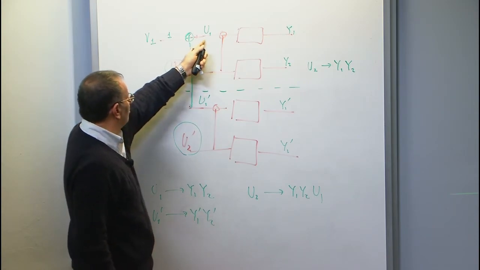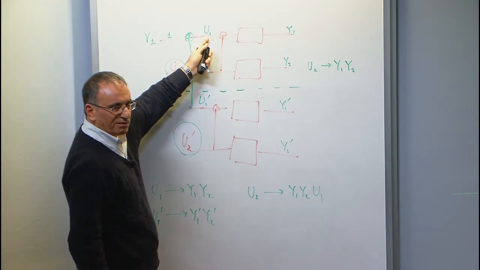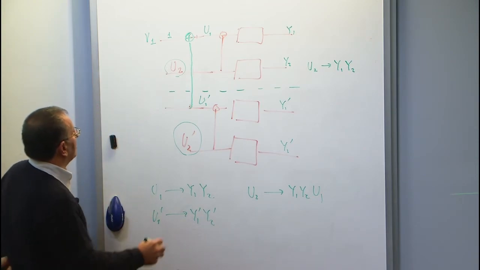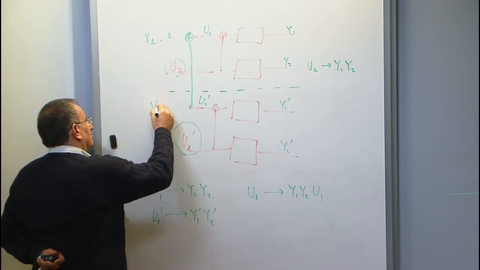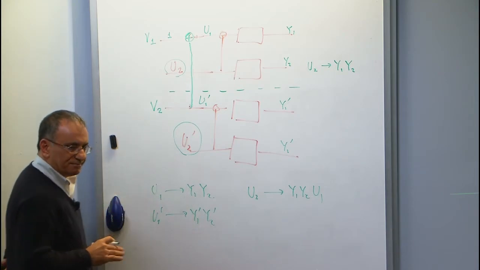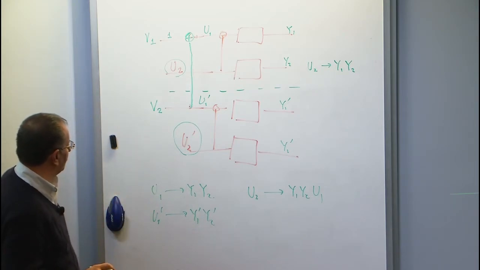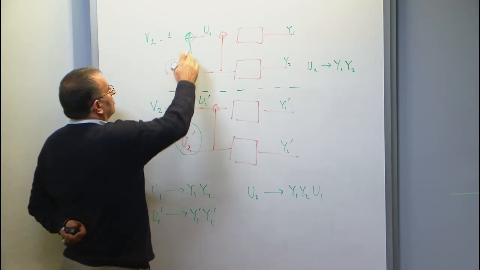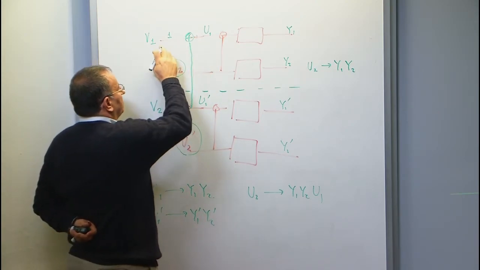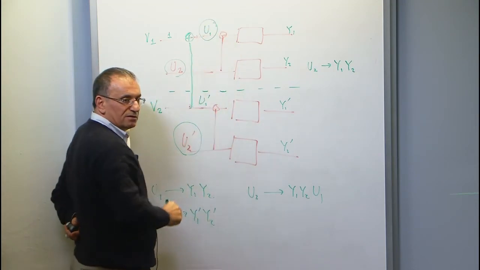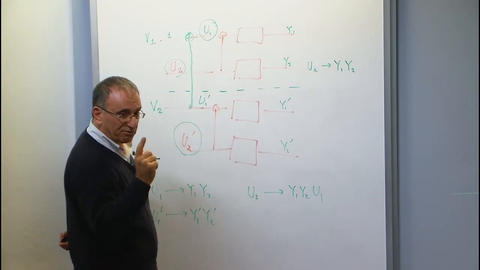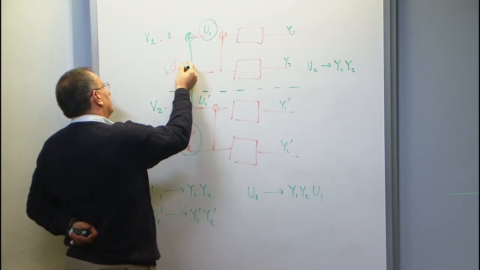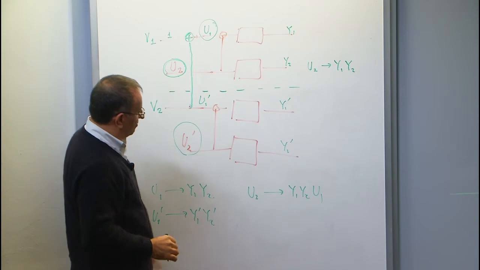You are saying I don't have U1, I have V1. I apologize for it. Thank you for pointing that out. I have to decode this one so that now the sum of V1 and V2 gives me U1. And having U1, I can go ahead and decode this channel, this one.